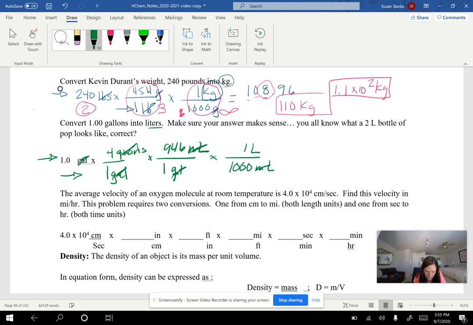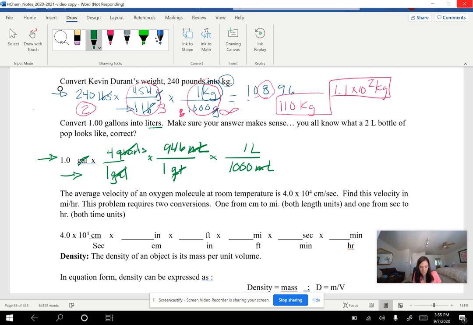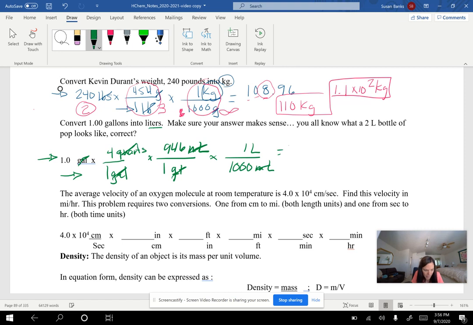Everything on the bottom is a divider. So we're going to take 1 times 4, which is 4, multiply it by 946, and then divide by 1,000. So 4 times 946, and we are going to divide by 1,000.